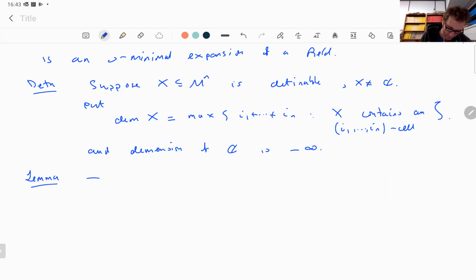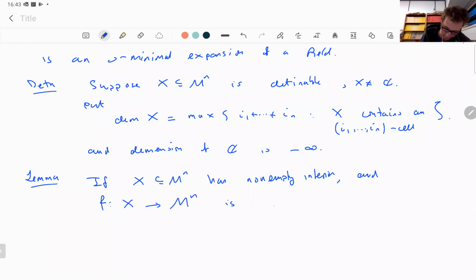This says if I have a subset X of M to the n with non-empty interior, and I have a definable injective map f to M to the n, then the image of X under f contains an open cell.